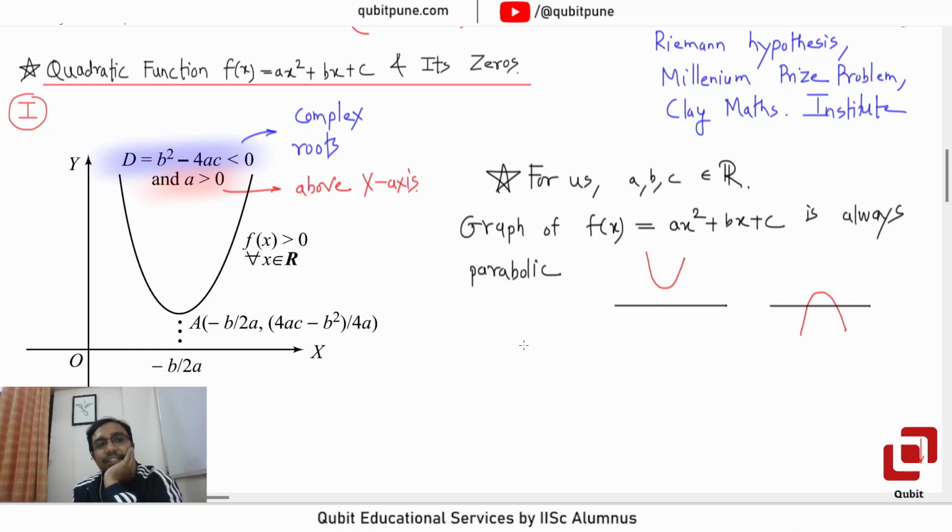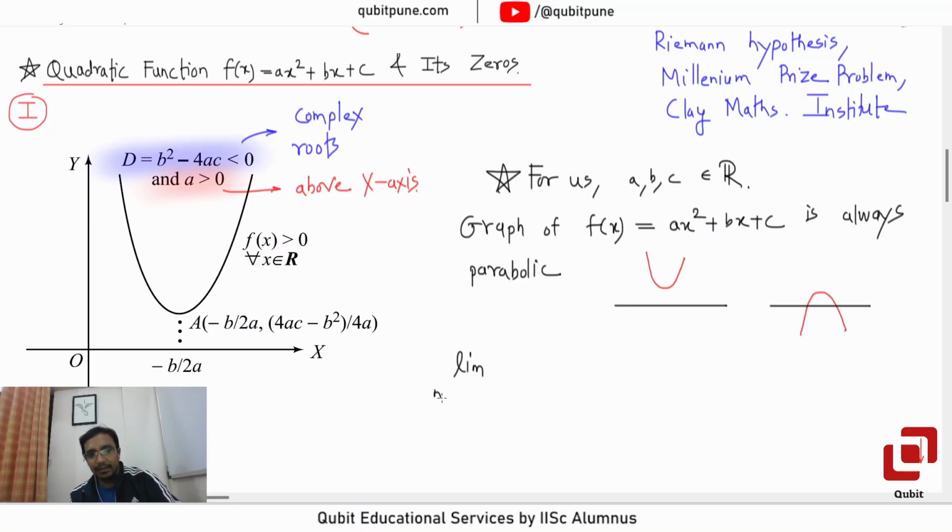My question is, suppose it is known that the discriminant is negative and a is positive. How can we prove that the graph is like this and not like this or like this? Can you answer that question? It's easy.